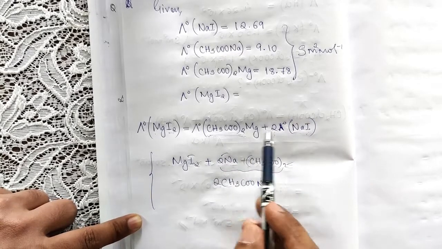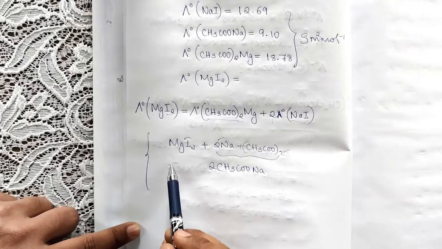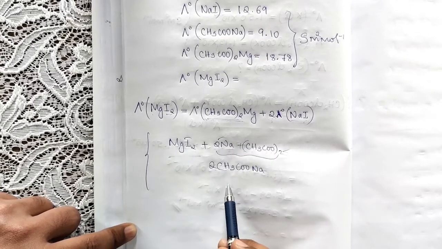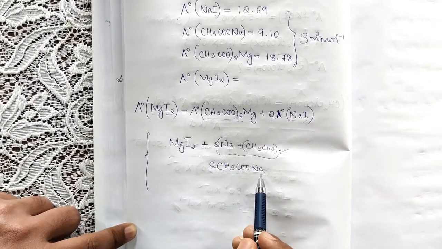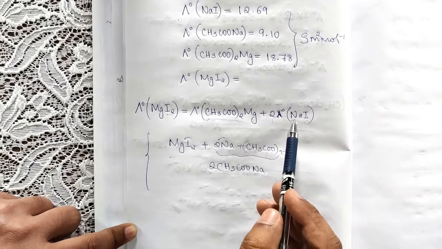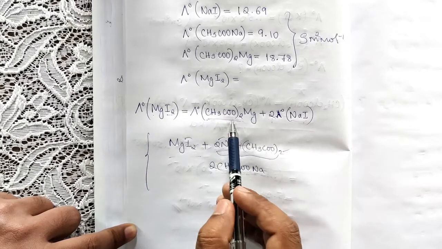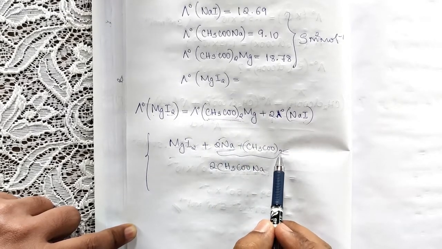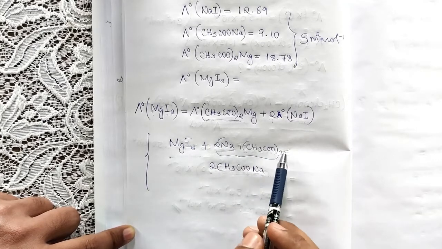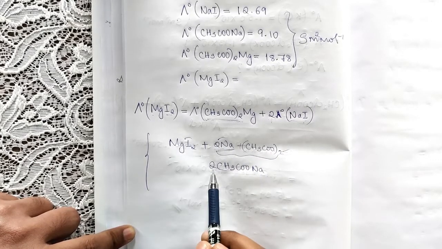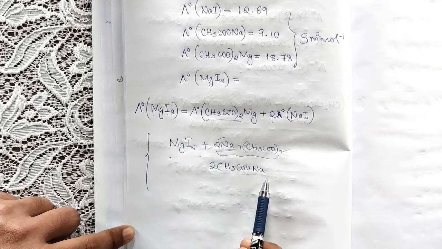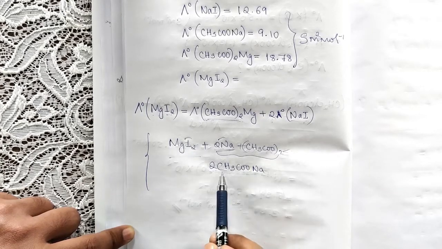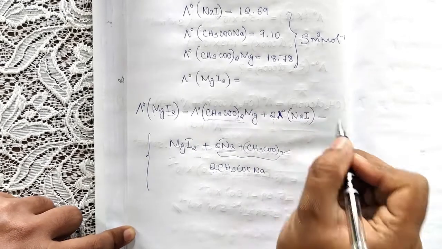So after adding these two together, I'm going to get MgI2 as well as 2CH3COONa. Why? Because there is 2Na out here and (CH3COO)2 out here. So if I add these two together, since both of them are 2, I'll write 2 at the beginning. I'll have CH3COONa. Since we don't need this one out here, I'm going to subtract this one.